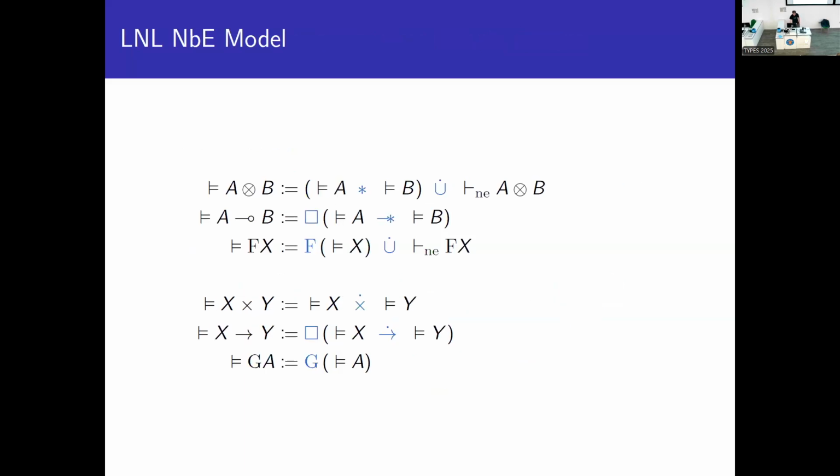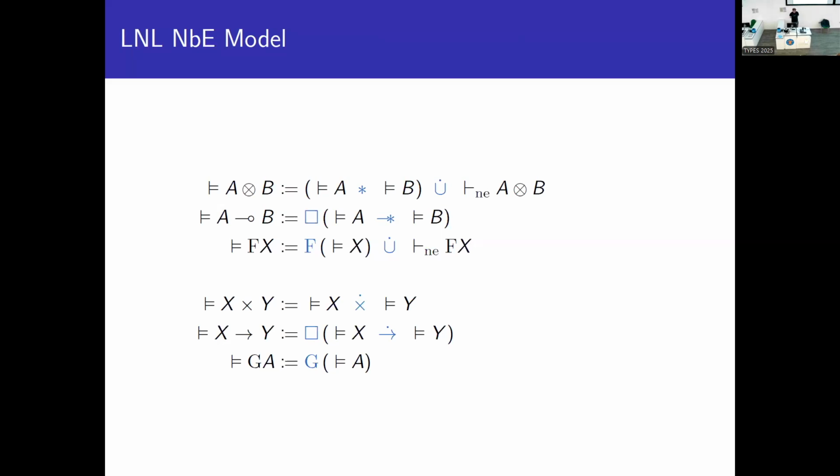Okay, and then to the actual result. The model looks like this. Probably the most interesting line is the linear functions. Well, we look at tensor product first. Tensor product is the same as before, but with the separating conjunction rather than the pointwise one. So we sort of split up the context as if it were resources.